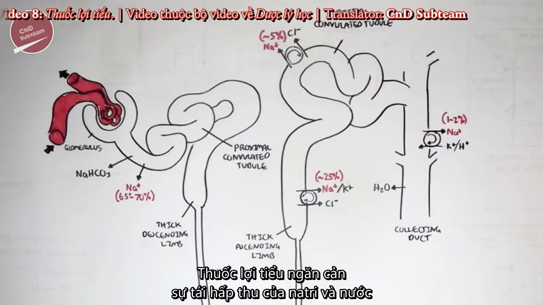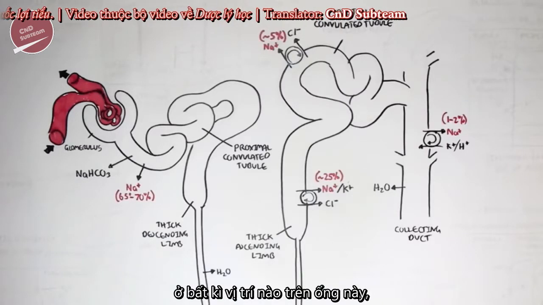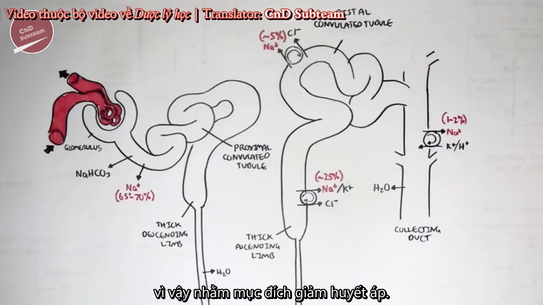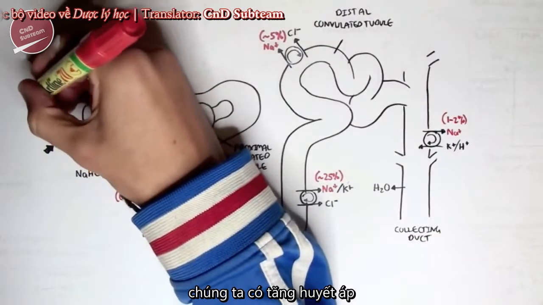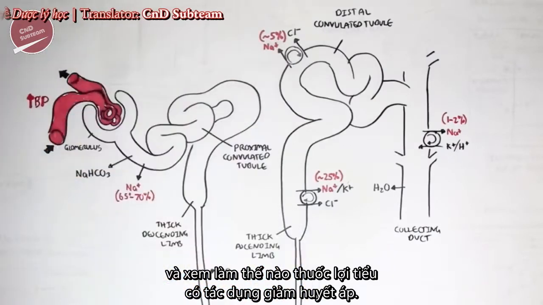Diuretics prevent the reabsorption of this sodium and water somewhere along this tubule and therefore aim to decrease blood pressure. So now let's look at a scenario where we have an increase in blood pressure and see how diuretics work to decrease blood pressure.